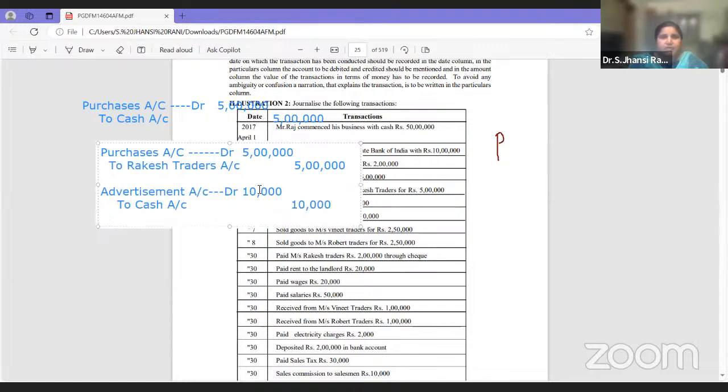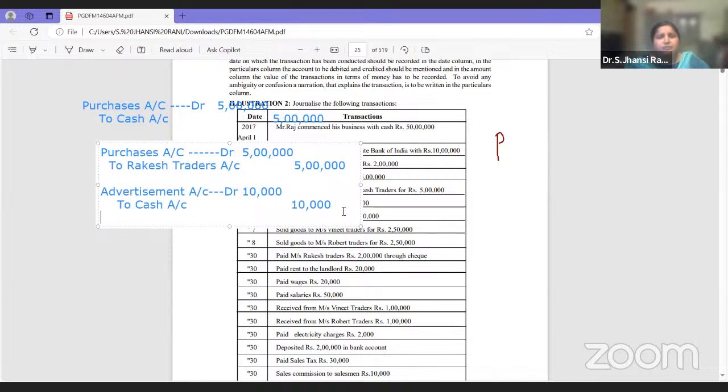Next. Sold goods to Vinith Traders rupees 25,000. So what we are doing? We are selling goods. Sold goods for cash for rupees 10 lakhs. What are we doing? We are selling goods. On what basis are we selling? On cash basis.